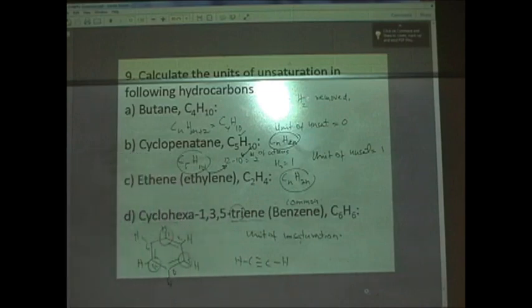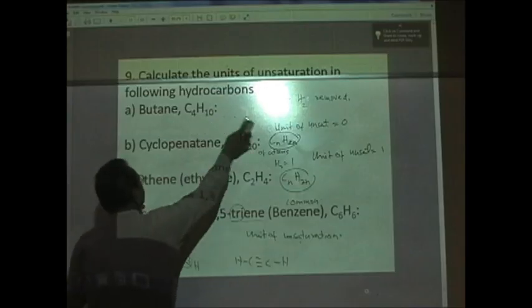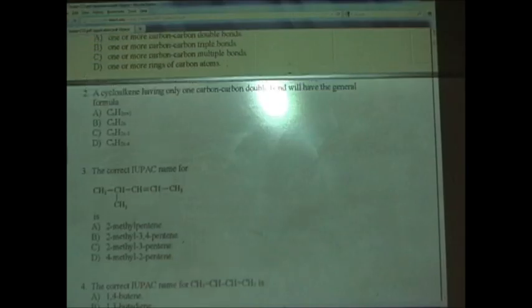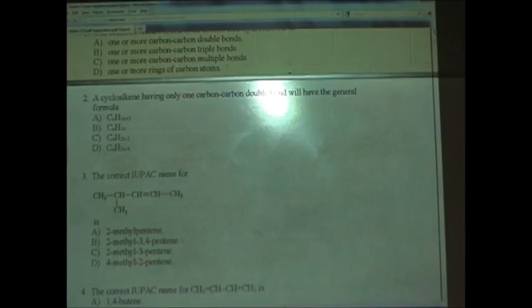Now let's do some quiz. Number 2 is quiz number 1. Let me put it down. A cycloalkane having only 1 carbon double bond will have a general formula.